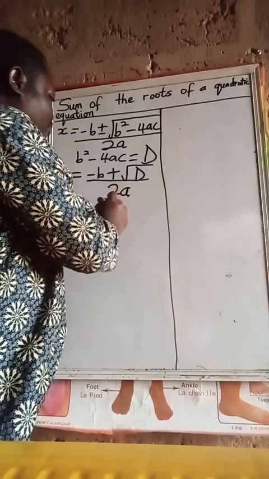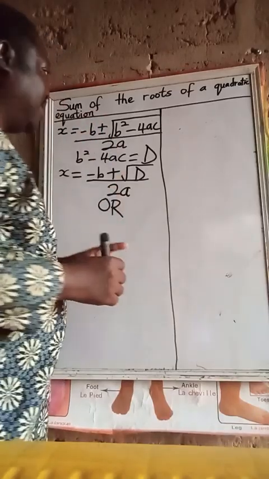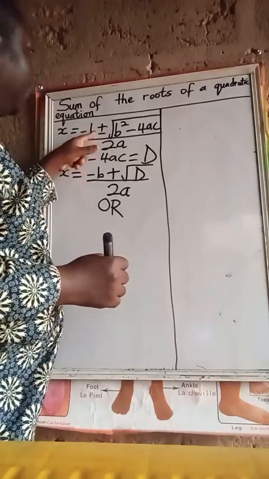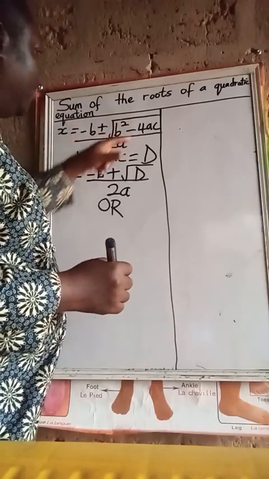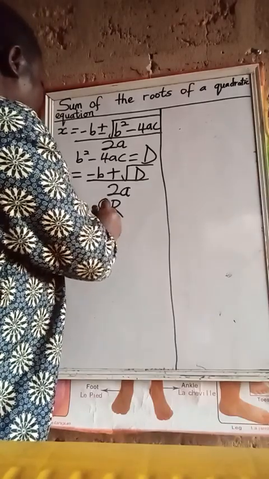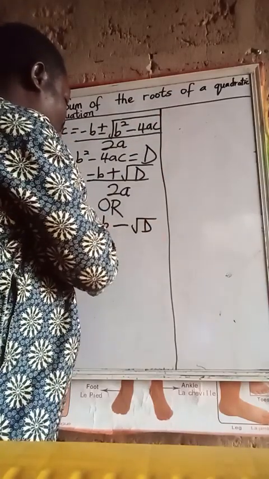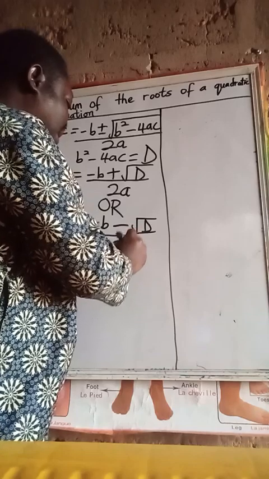Or, don't forget, this is plus or minus. So it is either x is equal to minus b plus root D, or it is equal to minus b minus root D, all over 2a.